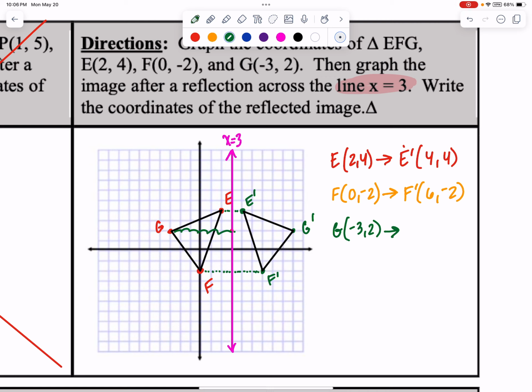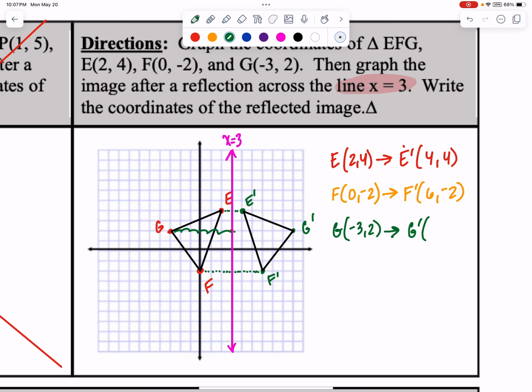And then our last one is G prime, and let's start looking at the pattern again. We're still crossing over an X, or technically we're crossing over a Y type axis. It's just where X equals 3.